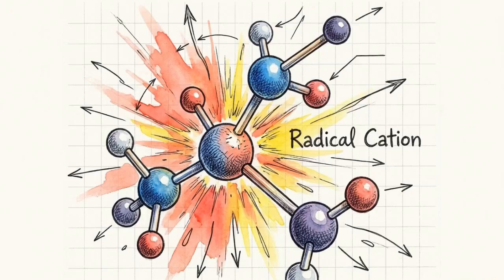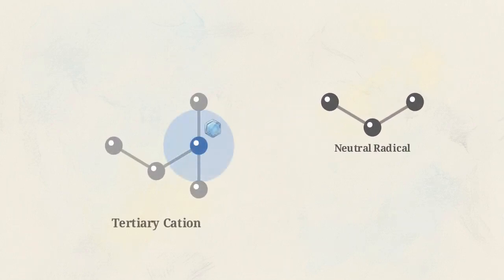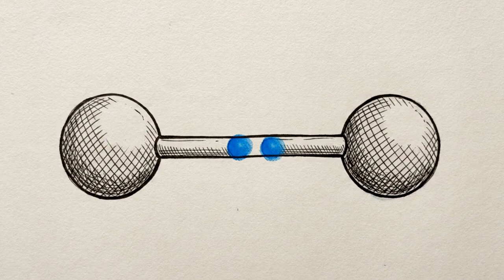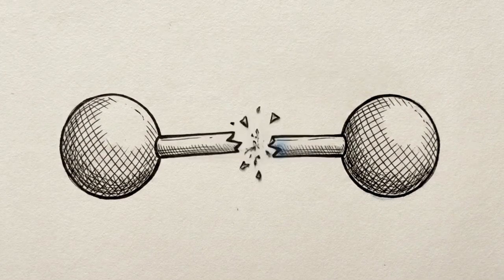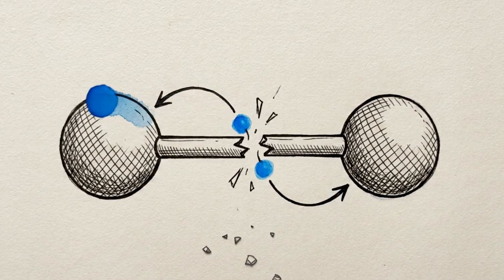fragments. When a radical cation shatters, it follows a primary directive. It will break apart along the path of least energetic resistance to form the most stable possible resulting cation. The most straightforward path is homolytic cleavage. This homolytic cleavage occurs when a bond breaks evenly, with two shared electrons transferring independently to adjacent atoms.